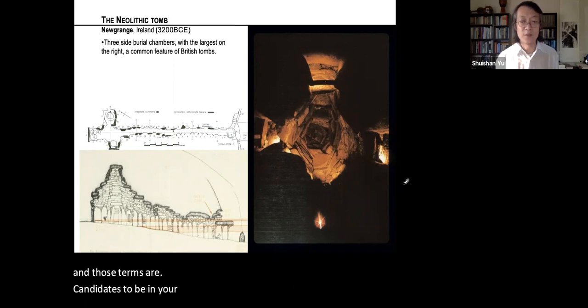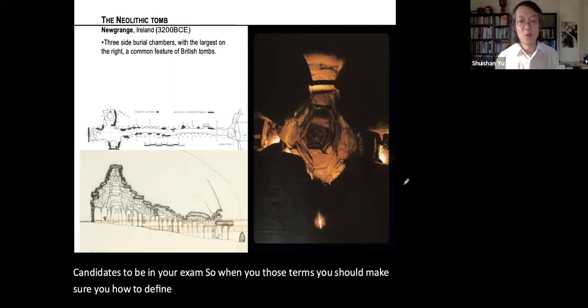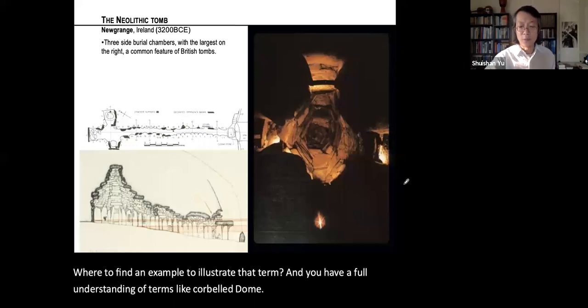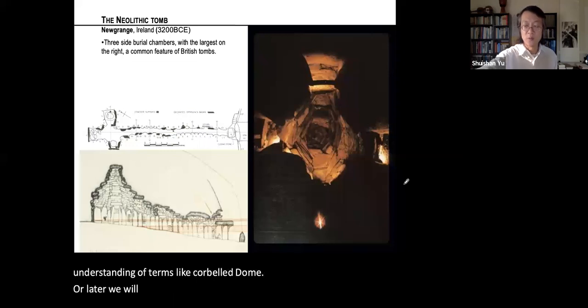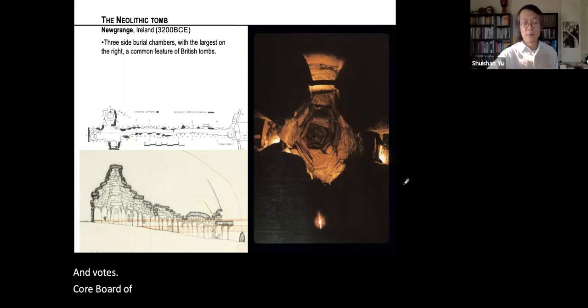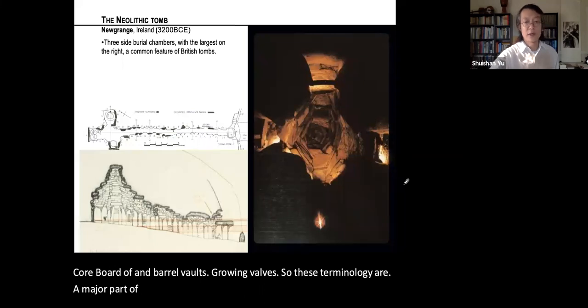When you see those terms, you should make sure you know how to define them, you know where to find an example to illustrate that term, and you have a full understanding of terms like corbelled dome, or later we will have more domes and vaults, corbelled vaults and barrel vaults, groin vaults. These terminologies are a major part of the basic knowledge about architectural history.